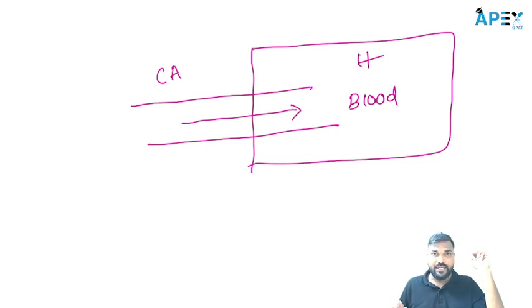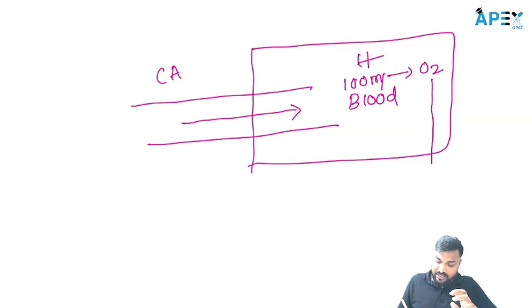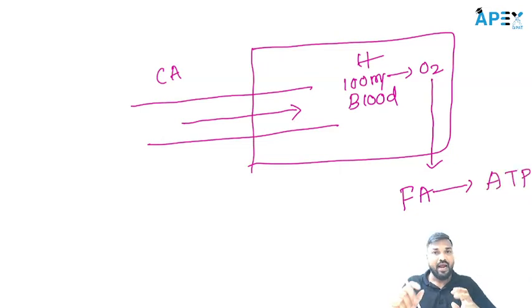Hypothetically, the heart is healthy and through the coronary artery we are supplying 100 ml of blood, and through this blood, oxygen is supplied to the heart, and this oxygen helps utilize the fatty acid, produces ATP, and the heart is working.